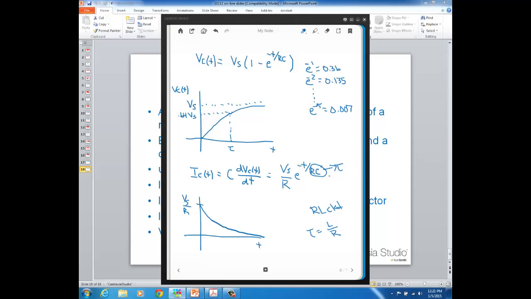I think it's good practice to, on your own, take the units of resistance, which are ohms, which is equal to voltage over current, or volt per amp, and then multiply times farads, which is equal to coulombs per volt, and prove to yourself that you get units of time, which are seconds.